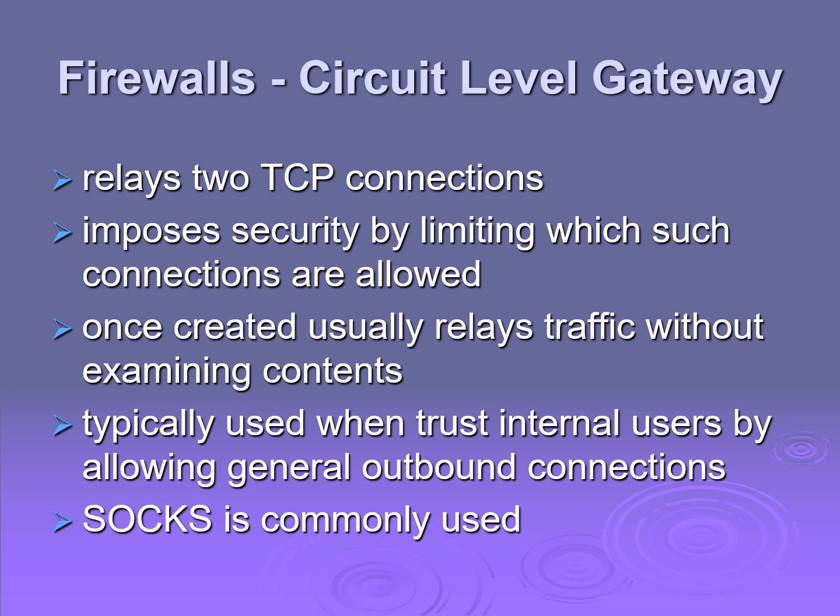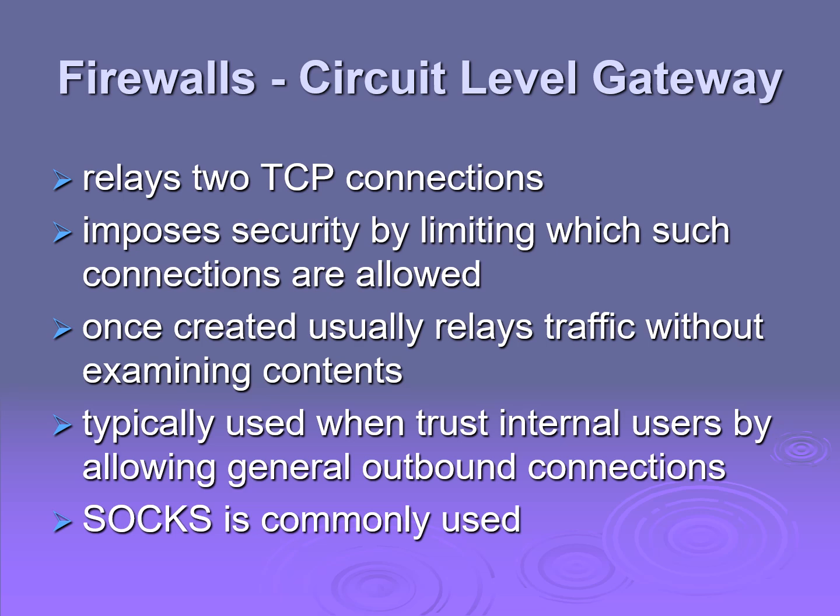Next one is called a circuit level gateway. This is the fourth type of firewall, the circuit level gateway or circuit level proxy. This is a standalone system, or it can be a specialized function performed by an application gateway for certain applications.